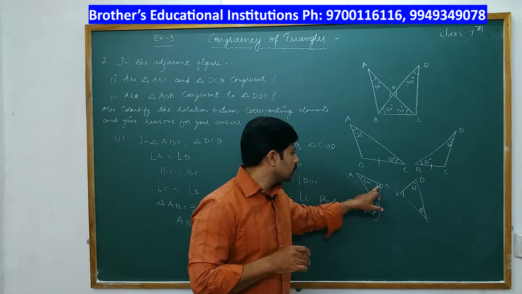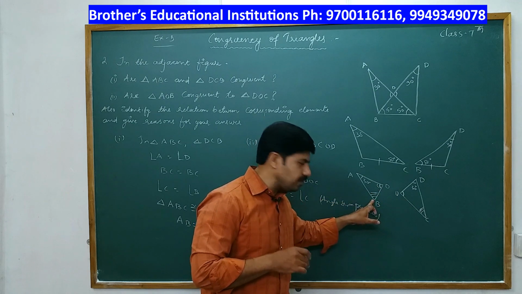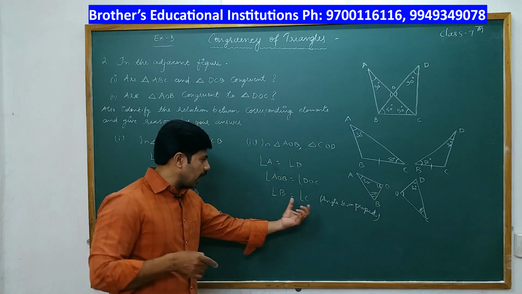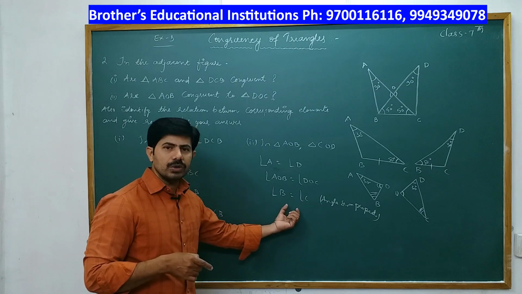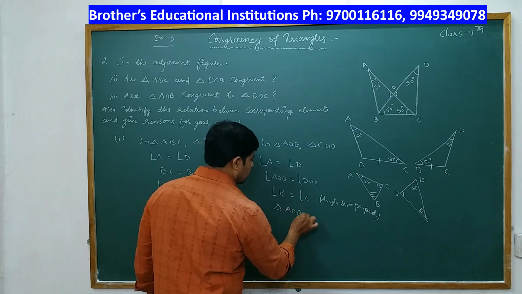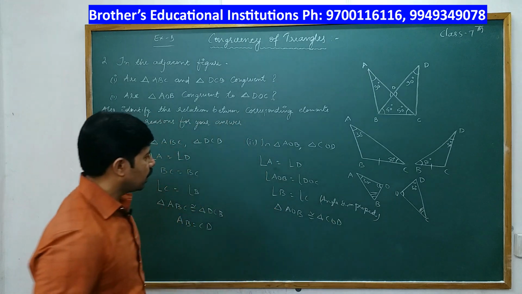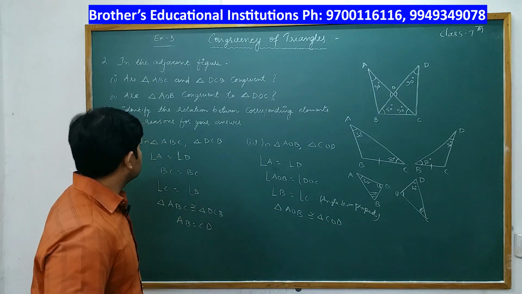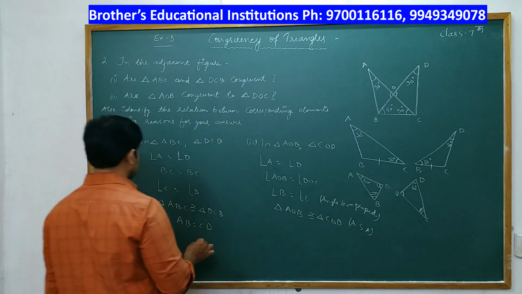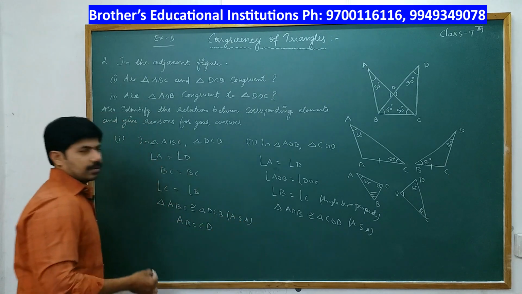Similarly, according to angle sum property, whatever the angle B we get in this triangle, that is also equal to the angle C. So that is the reason I wrote according to angle sum property, angle B is equal to angle C. Therefore, we say triangle AOB is congruent to triangle COD, right? So this is according to two angles one side, ASA. Okay, so this is also ASA. So this is completed.